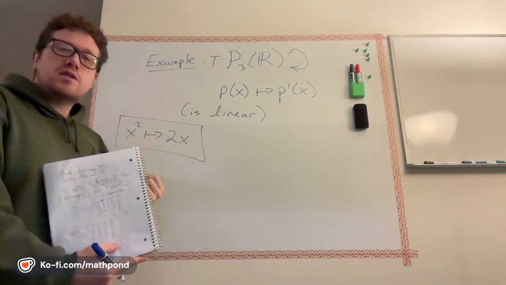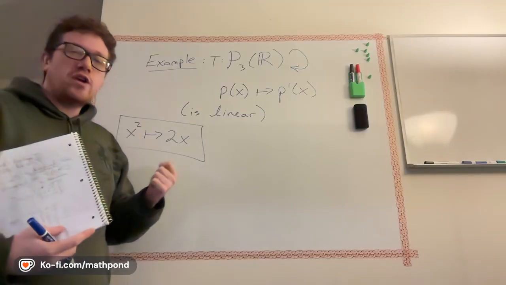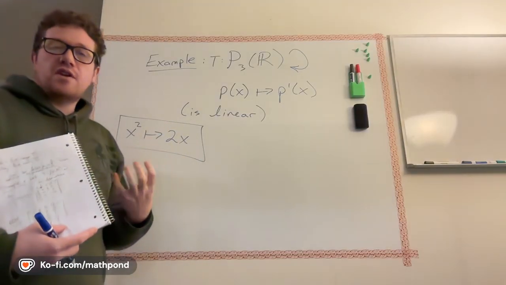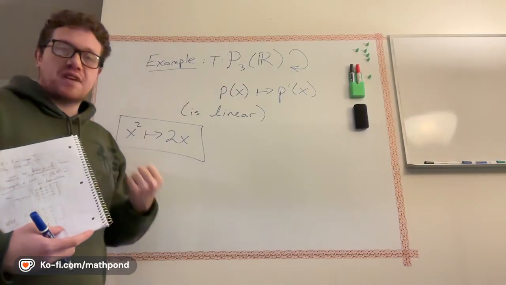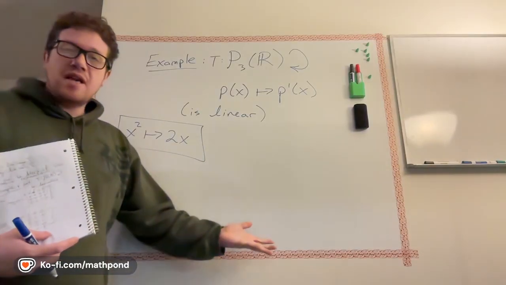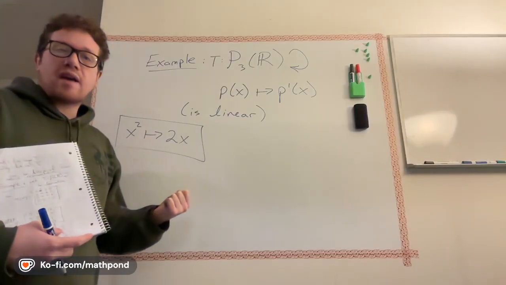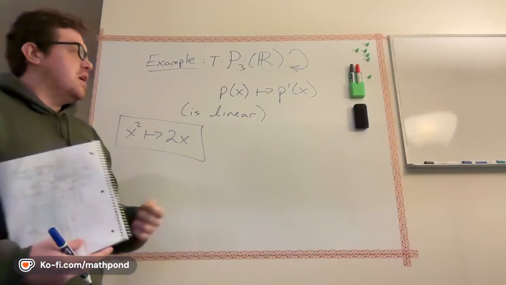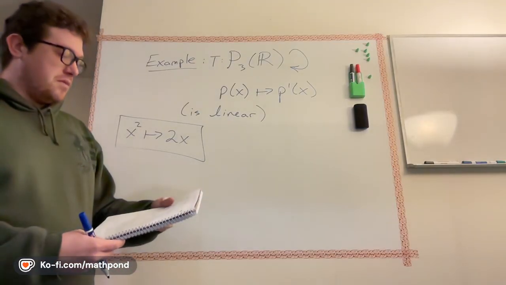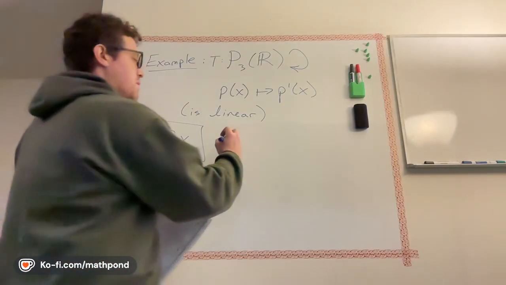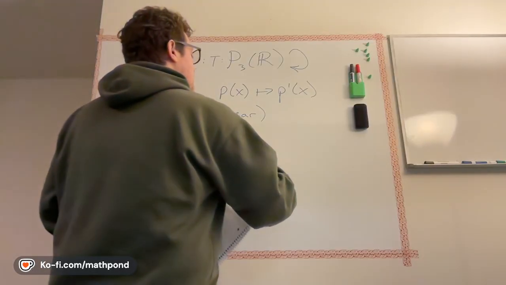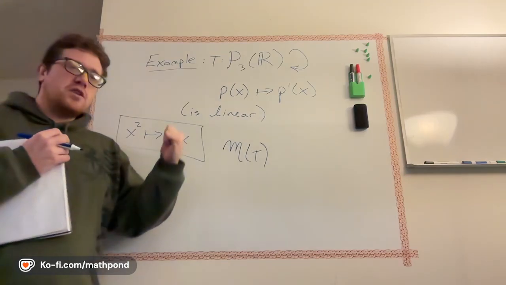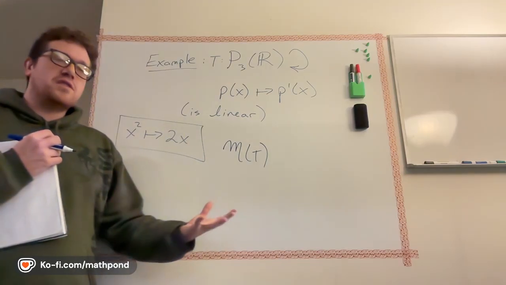Right? So now, since we know that this transformation is linear, we want to glean more information out of the transformation. One way to do that is to fix a basis and write down the matrix, and then you can figure out what the rank and the nullity of the transformation is explicitly from the matrix. So what is the matrix of T? The domain and the codomain are the same here, so we're going to use the same basis.